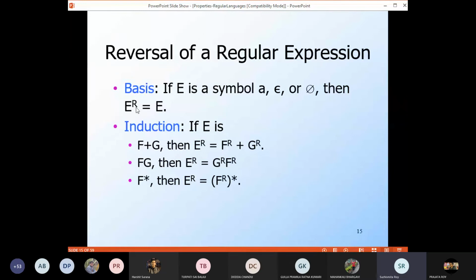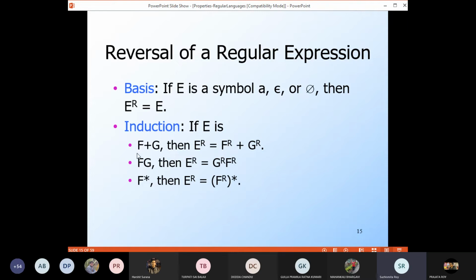That is, the expression for the reversed regular expression E reversed is also the same. So if you have a single symbol, that is strings of length 1 or length 0, or even a language with no strings, then the reversed regular expression for that language is going to be exactly the same.